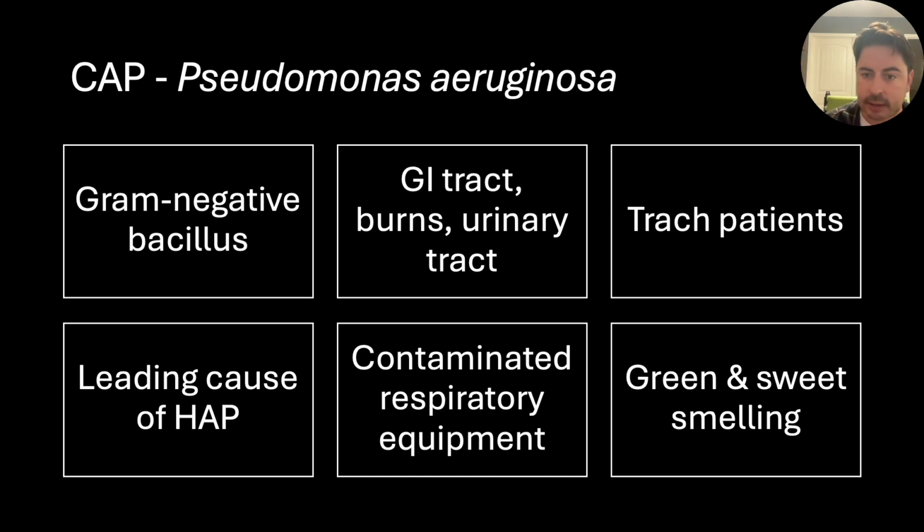The notes say sweet smelling, but to me, Pseudomonas smells like corn tortillas. I don't know why, but that's what I think about when I think about Pseudomonas. So I may have ruined corn tortillas for you, but it is something that I remember and how I can sniff out, if you will, Pseudomonas when we have trach patients or patients that may be developing this infection.